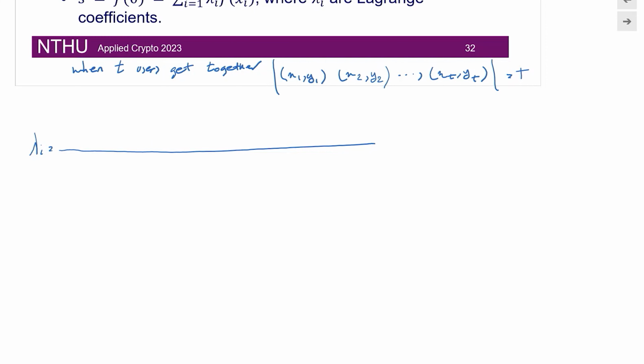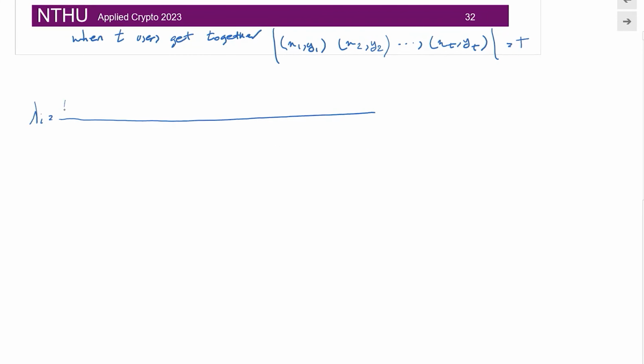Then for lambda i, according to the Lagrange interpolation formula, we have to do this computation. So we need to have x minus x1, x minus x2, x minus x3, all the way to x minus x(i-1), times x minus x(i+1), all the way to x minus xt.